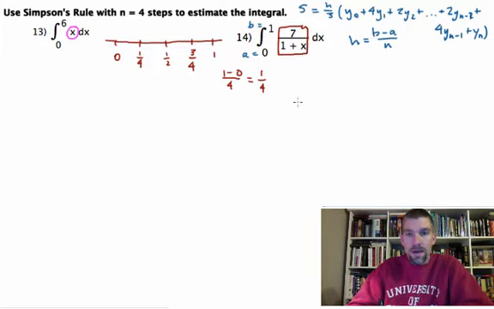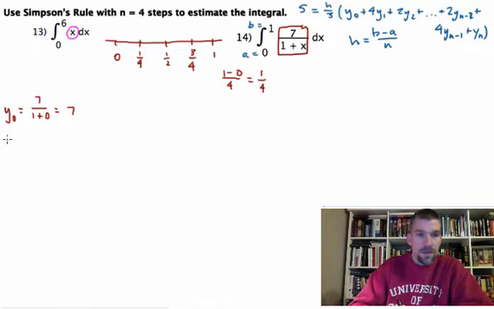And so when we look at y0, we're looking at 7 over 1 plus 0. Well, thank goodness for small things. That's a 7. Now, y1 is going to be 7 over 1 plus 1/4. And that's no such lucky thing.